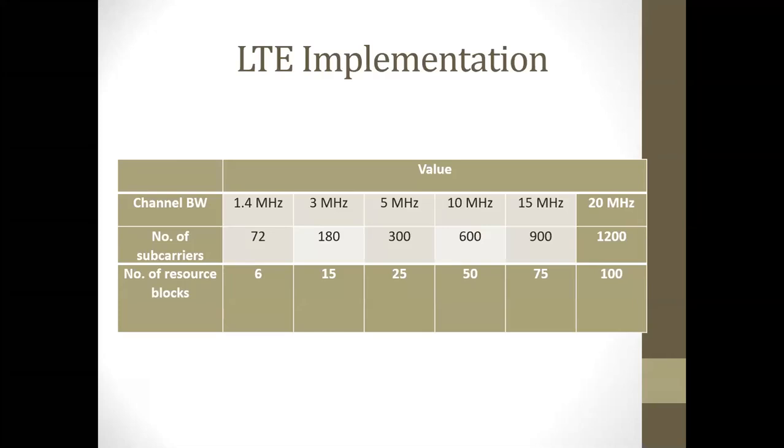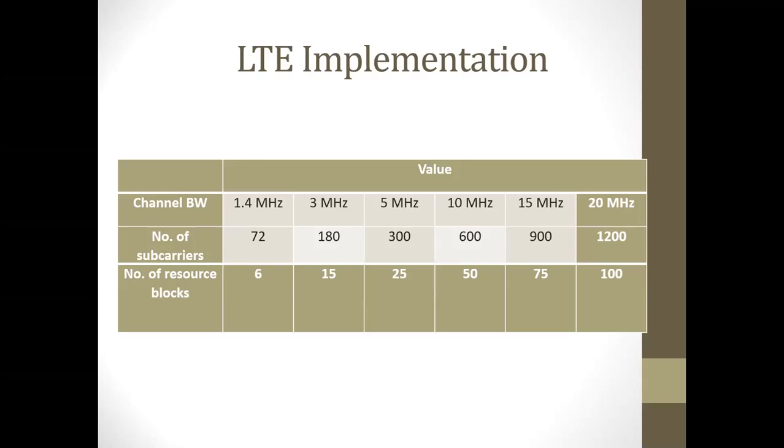So they are adjacent. In that case, you can just increase the total bandwidth from 5 to 10. In CDMA, you can't do that. You have to have another 5 megahertz deployment overlapped. But here you can just increase your total operating bandwidth. You can make it 10, or you can increase it to 15, 20, as long as you have contiguous bandwidth available. So it is scalable.